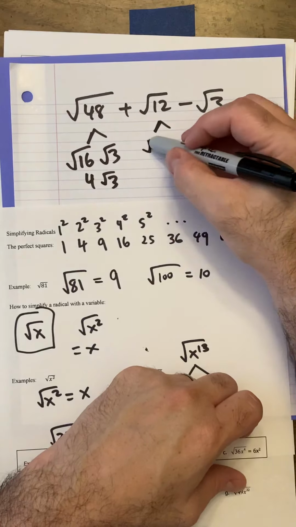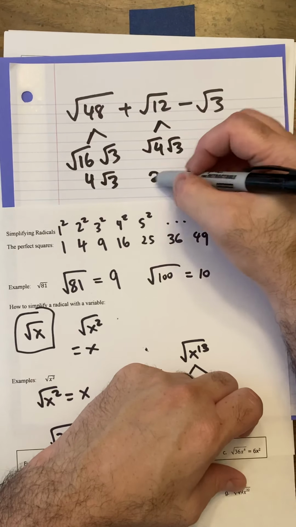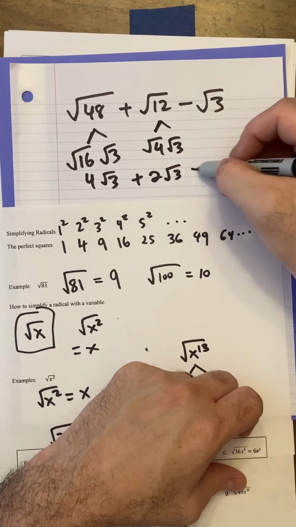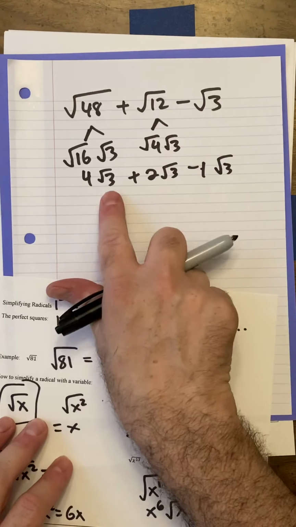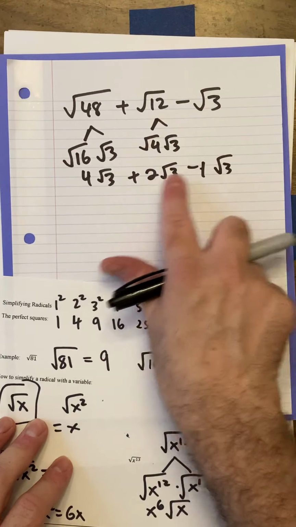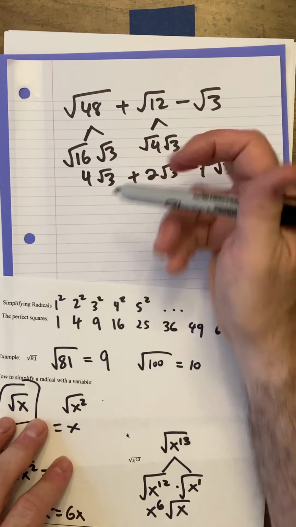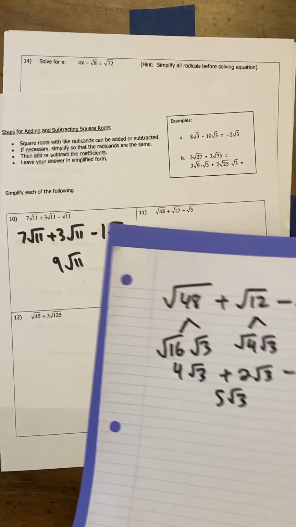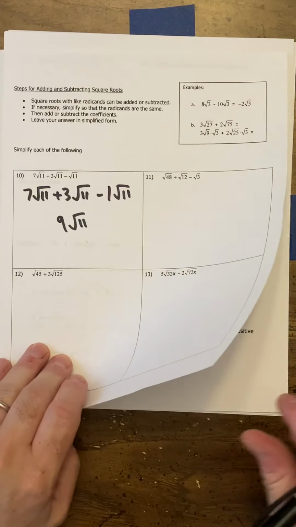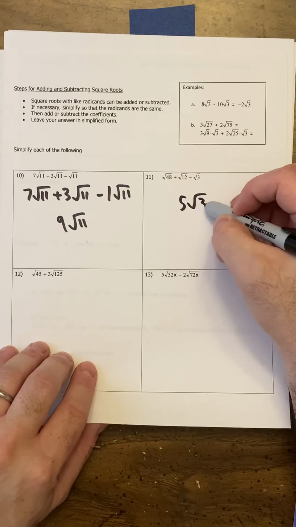I'm going to break that into 4 and 3. It's going to become 2 rad 3. And finally, minus rad 3. And that's really like a minus 1. So they're all rad 3s. 4 plus 2 minus 1 is 5 rad 3, which is the answer to this question right here. It's going to be 5 rad 3.